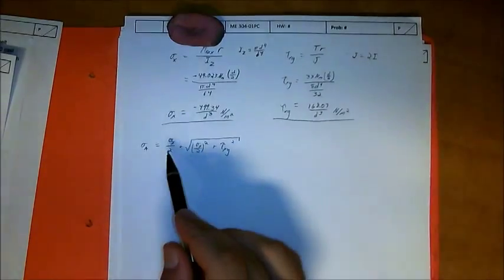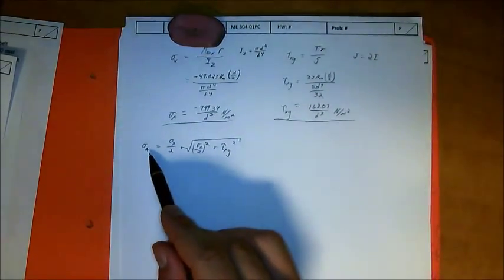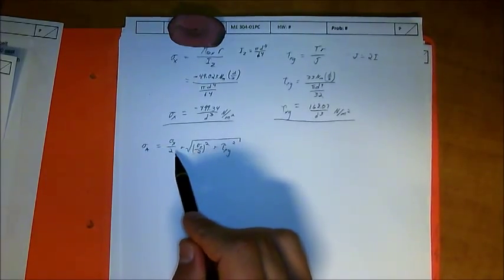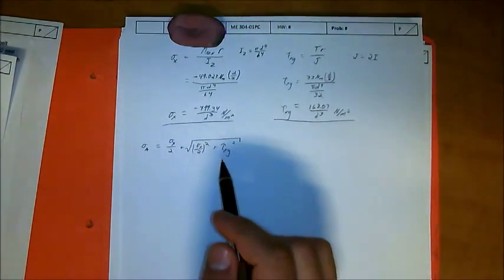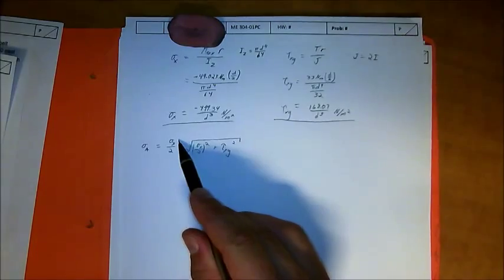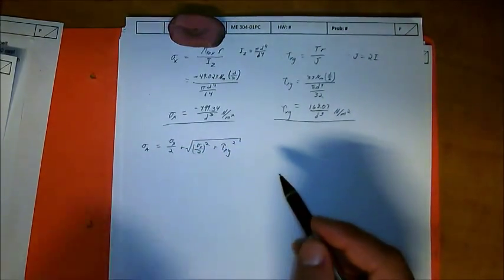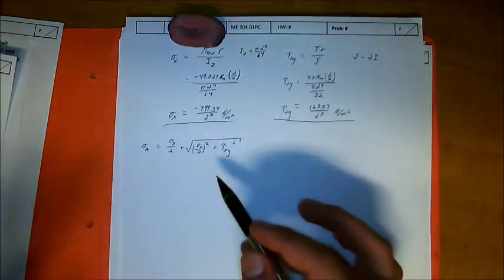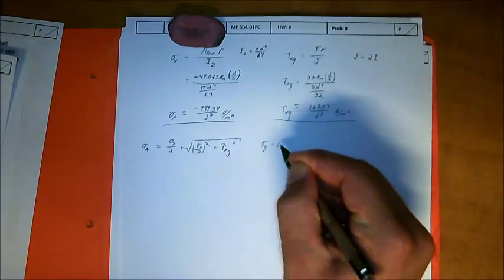So there's normally a sigma y included here, plus sigma y and then minus sigma y. But in the plane stress diagram, sigma y is actually equal to 0, so we're going to ignore that. So sigma y is equal to 0, which allows this equation to reduce to this.